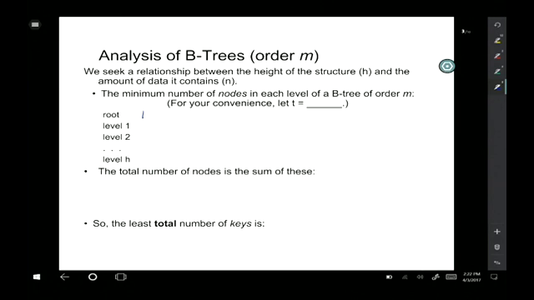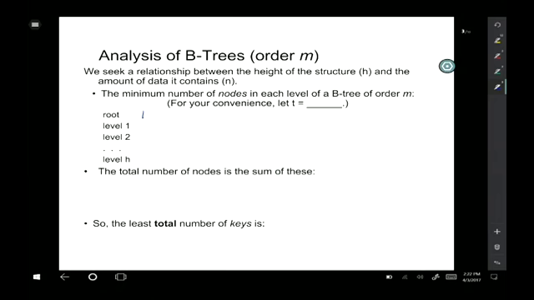What is the smallest number of nodes in a B tree on level 1? So I'm telling you that it's a B tree, and I want to know the least number of nodes that we may have on that first level. Yeah, 2, that's right. You're recognizing that the root may have only one key and that there will be a child node on either side of that one key.